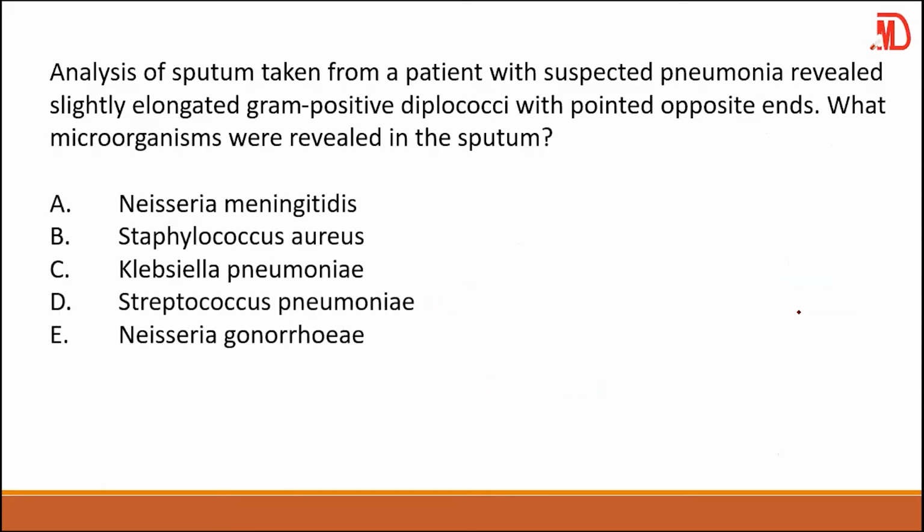Analysis of sputum taken from a patient with suspected pneumonia, again a question on pneumonia, revealed slightly elongated gram-positive diplococci with a pointed opposite end. What microorganism was revealed? So over here, you are looking at streptococcal pneumonia. Don't forget, this one is causing pneumonia.